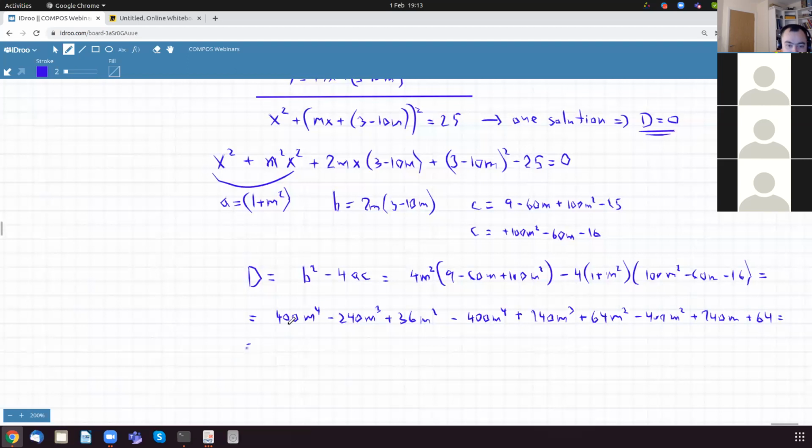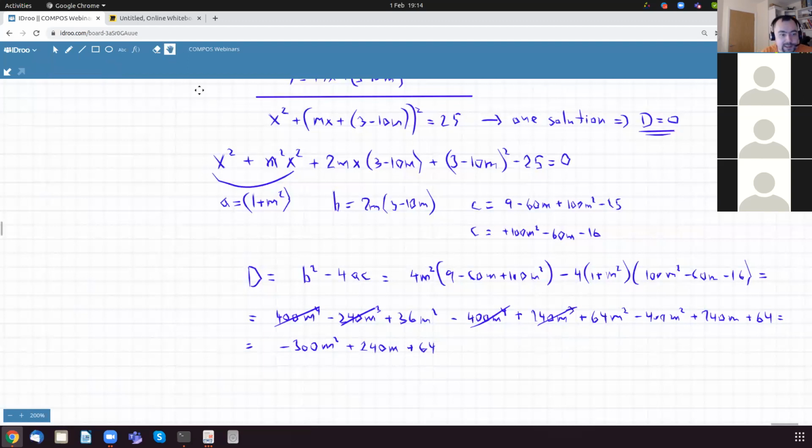Okay, so 400 m to the power 4 cancels, 240 m cubed cancels, which is very nice. 100 m squared minus 400 m squared is going to be minus 300 m squared, then plus 240 m, plus 64.